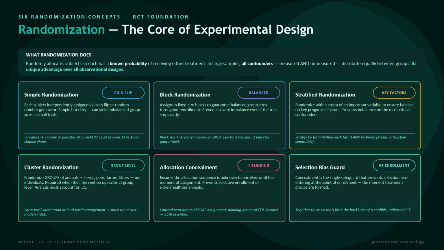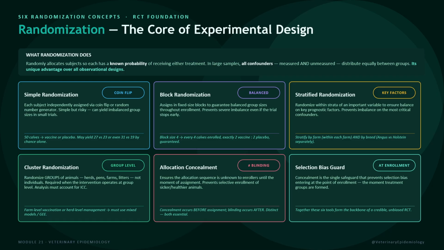Simple randomization also doesn't guarantee balance over time if animals are enrolled sequentially. Despite these limitations, it remains a valid method when sample sizes are large or when imbalance is not a major concern.